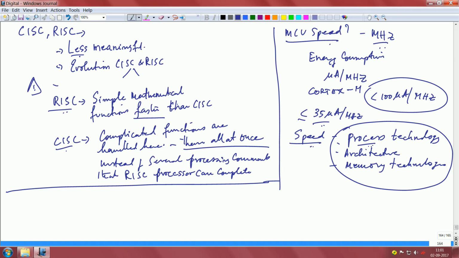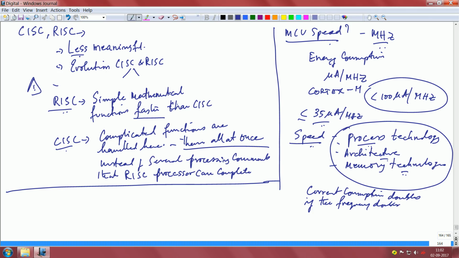Roughly speaking, we make an assumption: if these three are kept constant, process technology, architecture and memory technology, then you can say that the current consumption doubles if the frequency doubles.